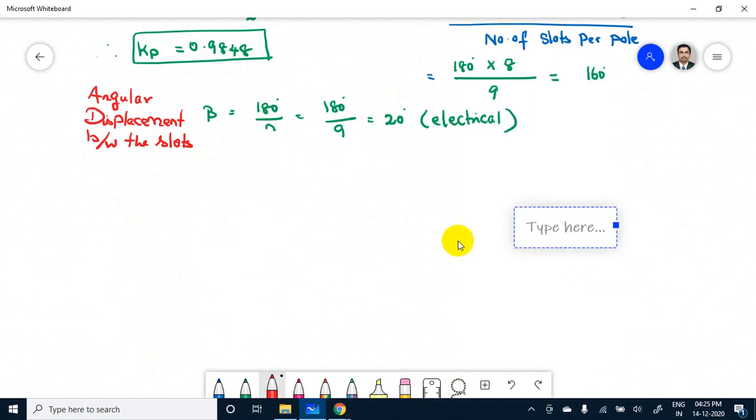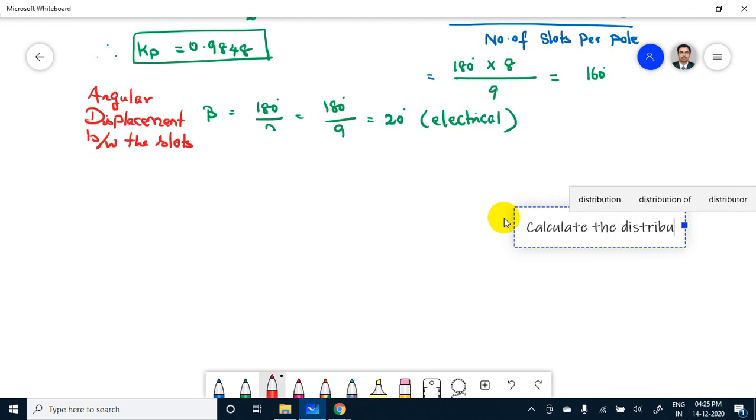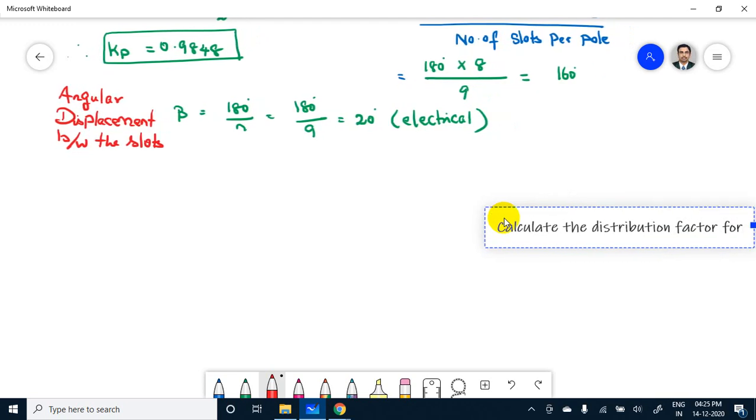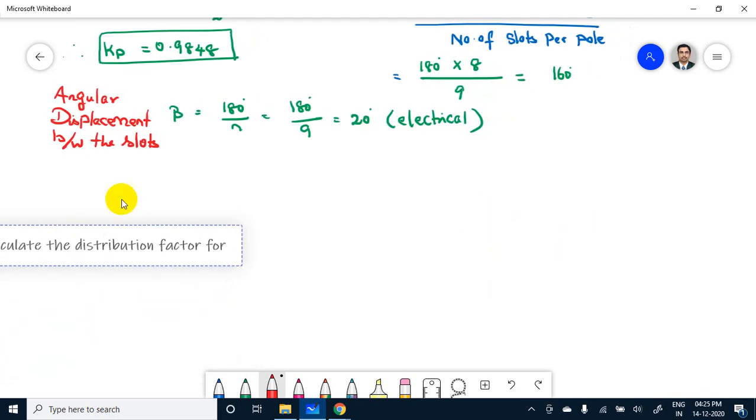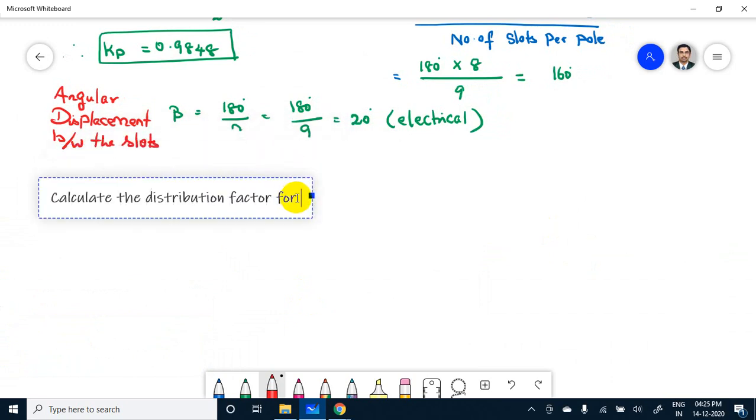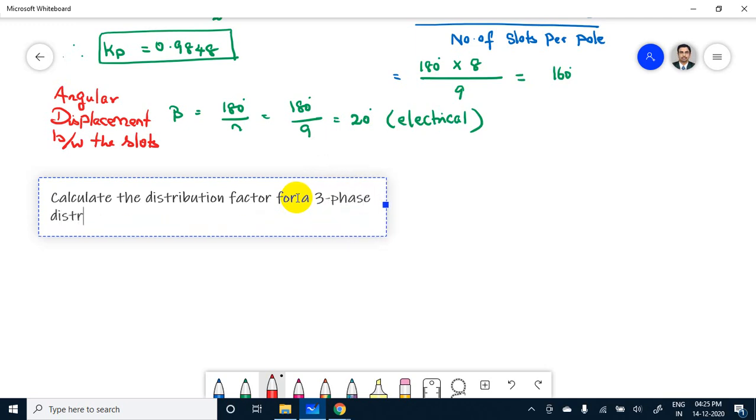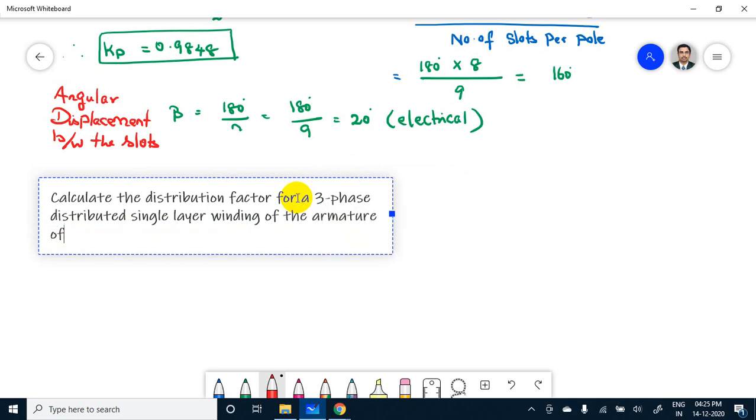Next problem. Calculate the distribution factor for a 3-phase distributed single layer winding of the armature of an alternator.